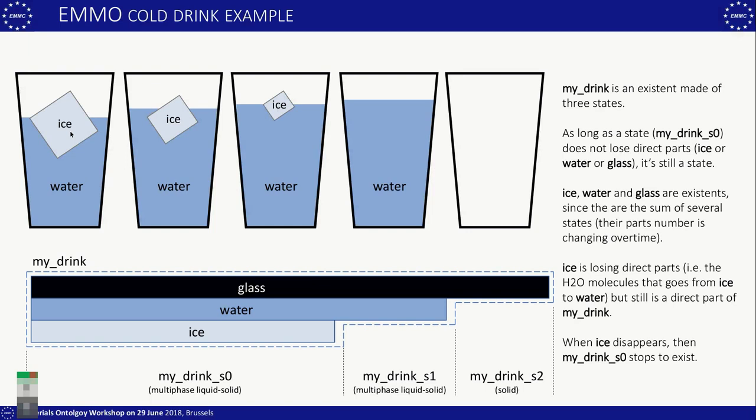But if you want to go in a meso perspective, then we can divide ice in smaller states. Then we can investigate a bit further what happens to the ice in terms of states. So each molecule that moves from ice to water. But this is something much more detailed.